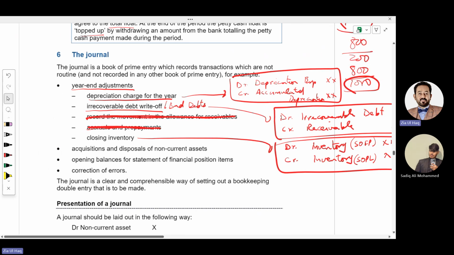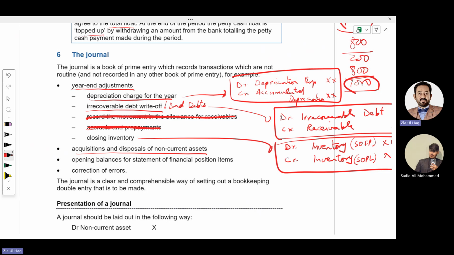Except this, what else do we record in journals? Acquisition and disposal of non-current assets. If the company is buying any asset or selling any asset other than inventory, we will record it in the journal rather than the sales or purchase day book, because in the sales and purchase day books we record only purchase and sale of goods on credit.